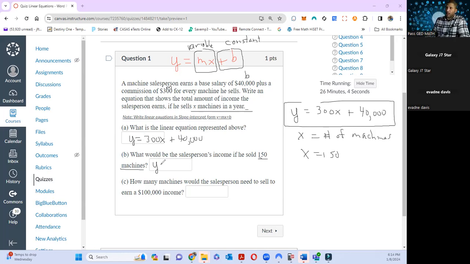So y equals 300 times 150 plus 40,000. Let's do 4 times 100. That's 30,000. 15 is 45. Okay, so we got 45,000 plus 40,000.